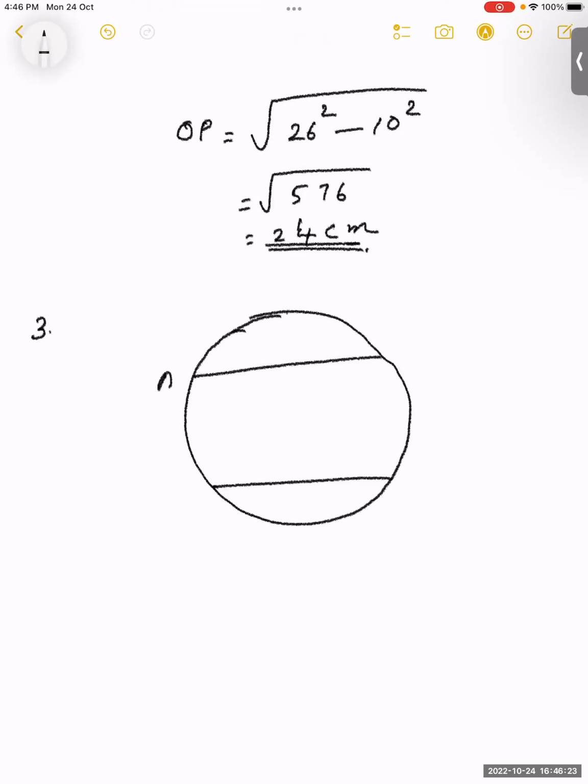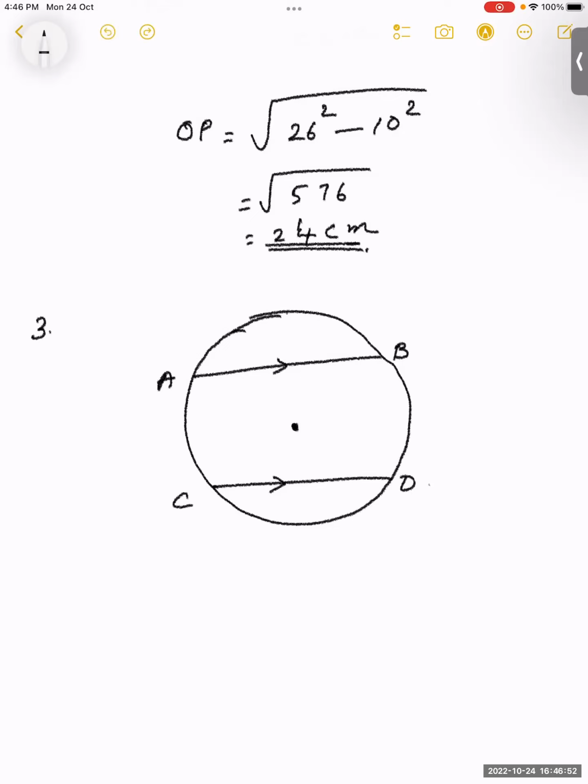Let the chords be AB and CD, parallel. They are parallel to each other and lie on opposite sides of the center of the circle. So one has to lie on this side, the other on the other side. That's what they meant.